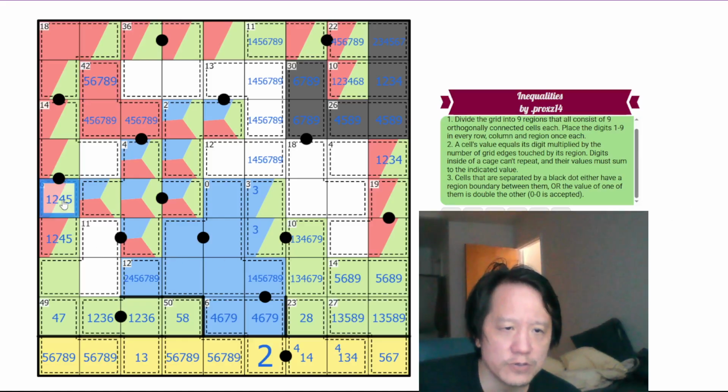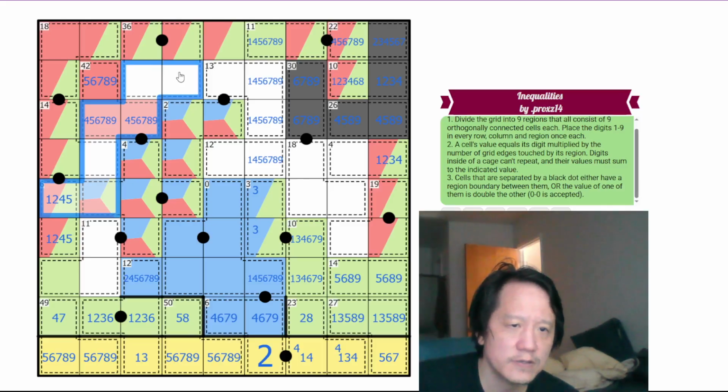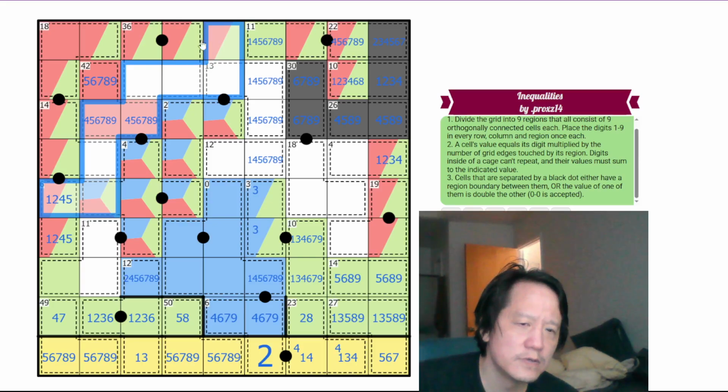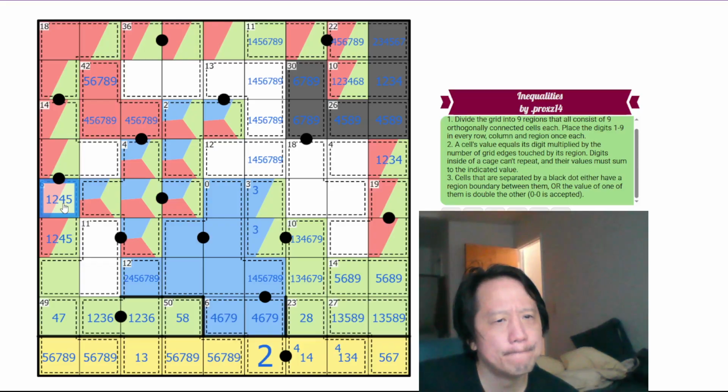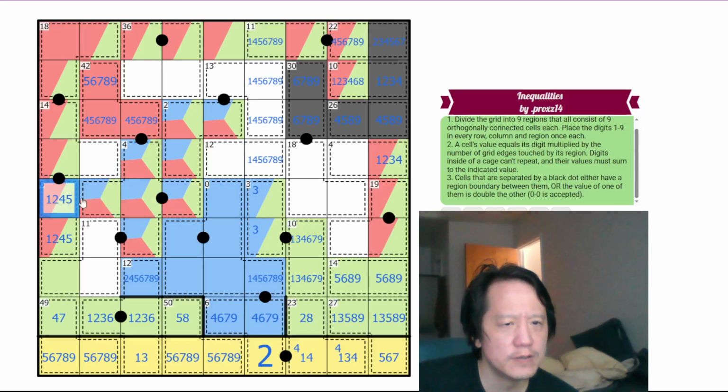Can this be double going this way? 1, 2, 3, 4, 5, 6, 7, 8, 9. Probably not going that way. We obviously can't go this way through that.